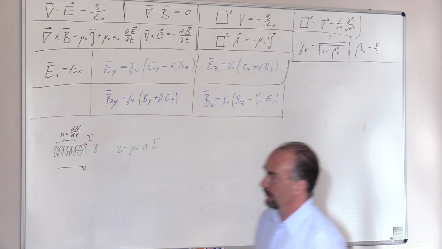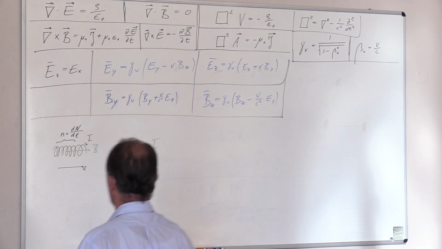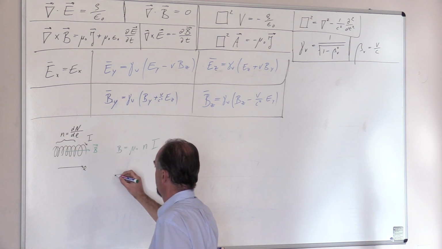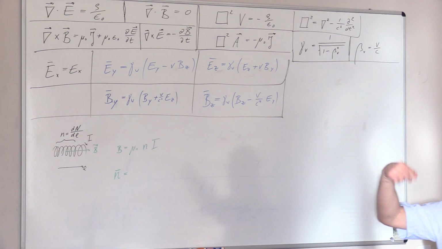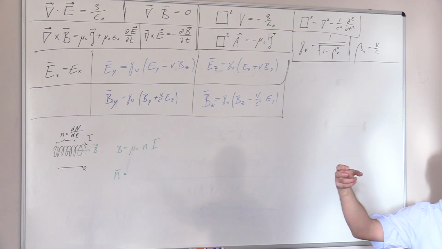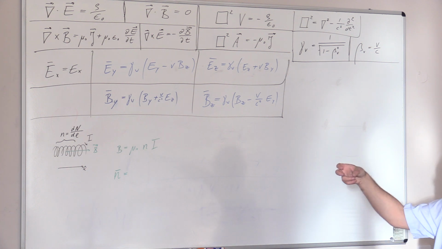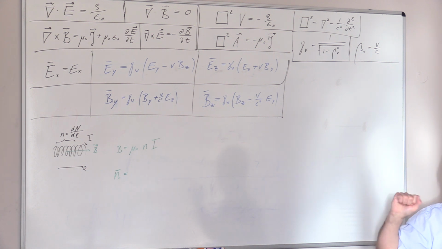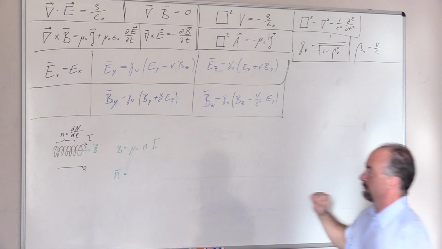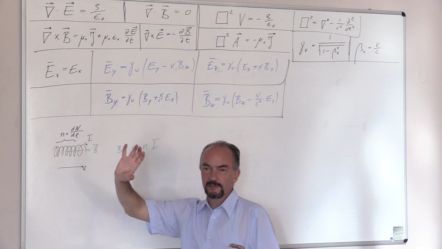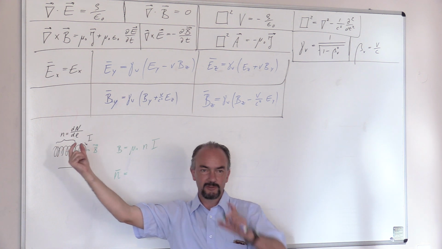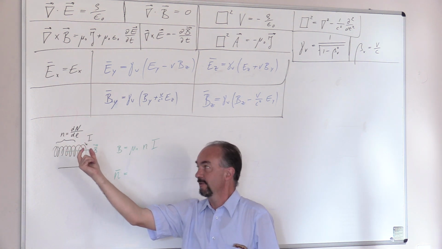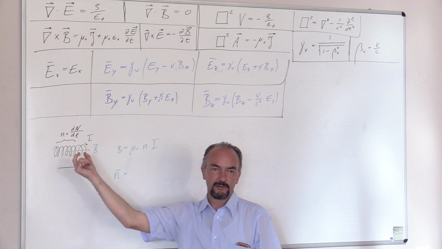Okay, if we now see how these things transform, what happens to the density of windings? Will that change? N is a number that's not going to change, but the length over which these windings are distributed will be length contracted.